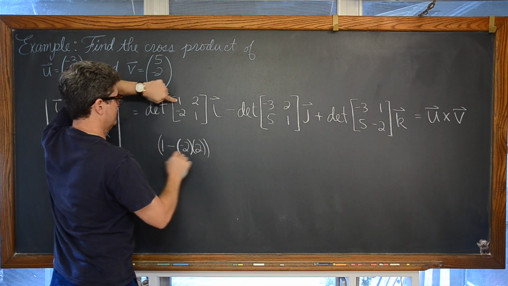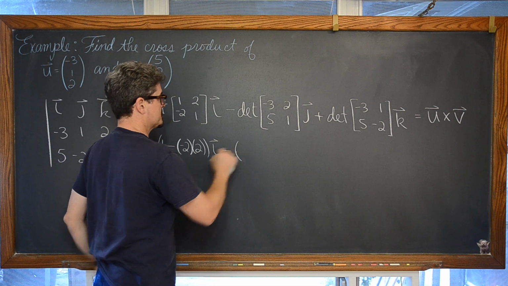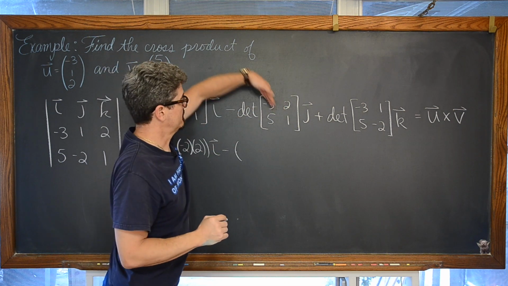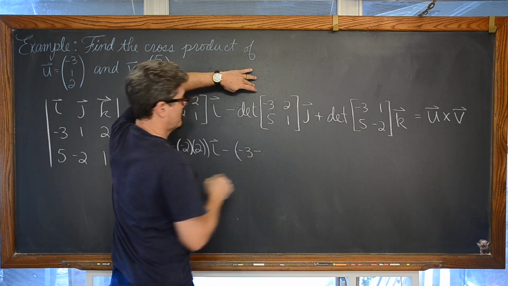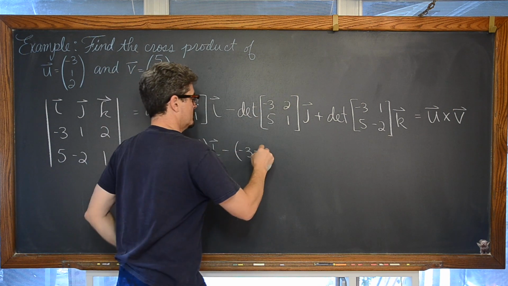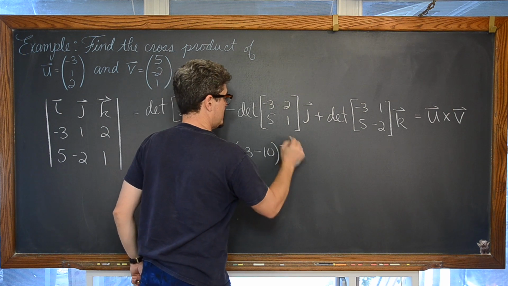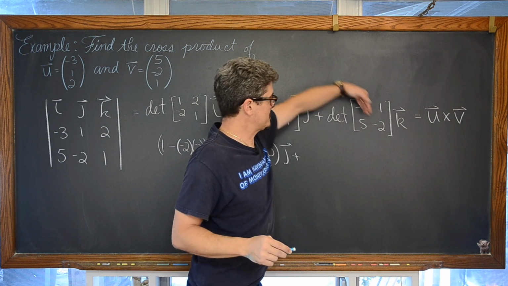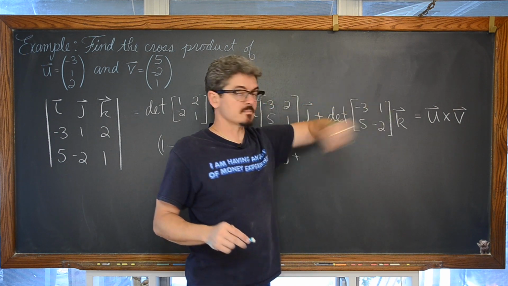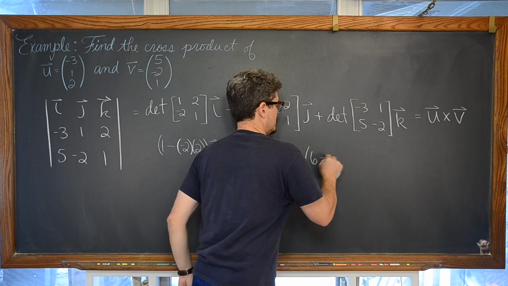That's going to give you your coefficient of i, minus parentheses, down, negative 3 times 1 is negative 3, minus 5 times 2, which is 10. And that's going to be your coefficient of vector j, plus your determinant now of this 2 by 2 matrix down to the right, negative 3 times negative 2 is 6, minus 5 times 1, which is 5.